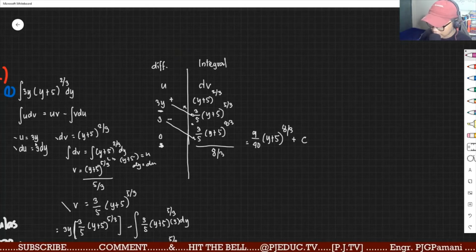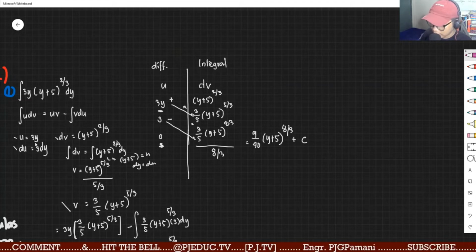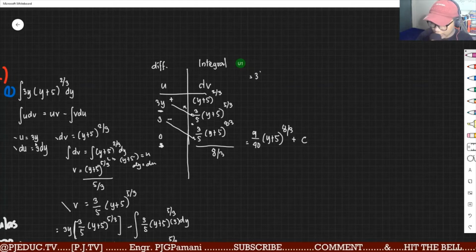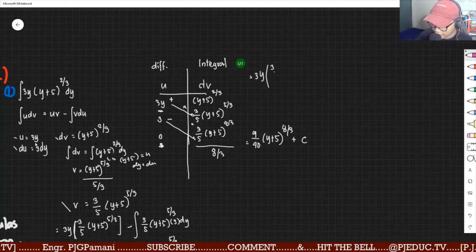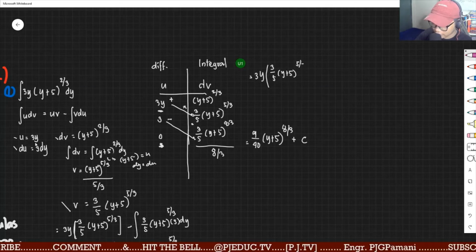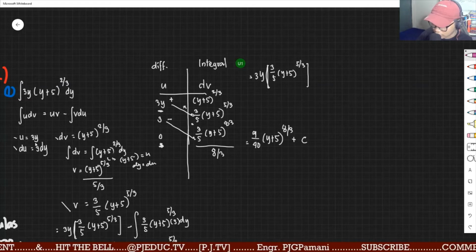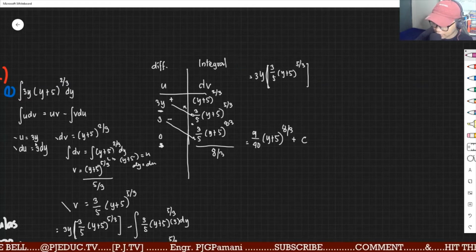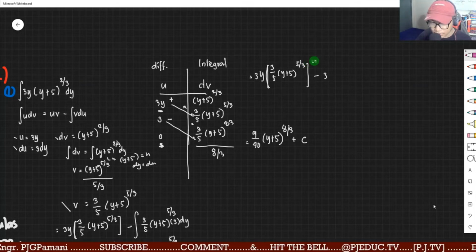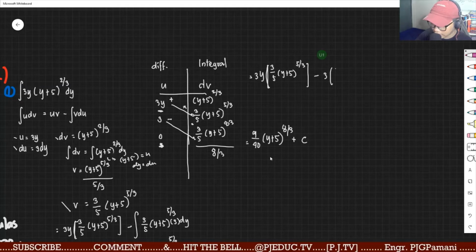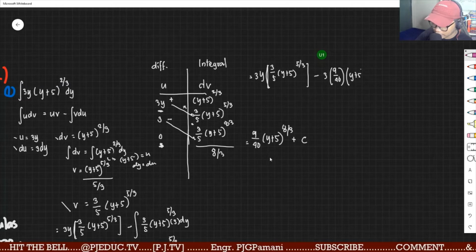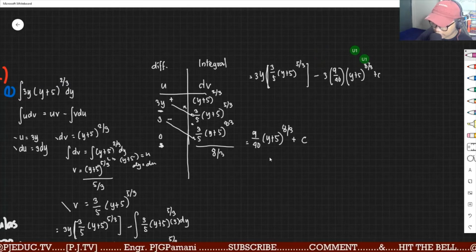So, let's do the first term first: 3y times 3/5 of (y plus 5) raised to 5/3. Then the second term, subtract the second term, minus 3 times this one, right? 9 over 40 times (y plus 5) raised to 8/3 plus c.